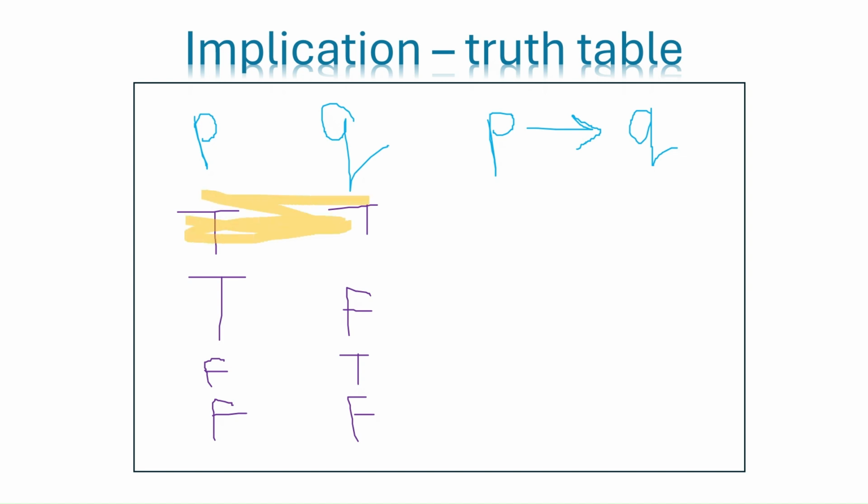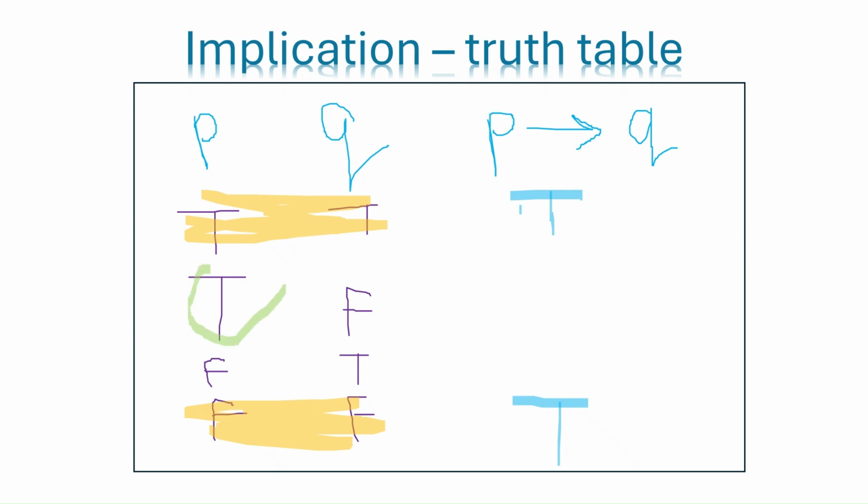So wherever you see two statements are the same, it's going to be true. Okay, so here it's true, and here it's true. And then you will always choose the opposite of P for your final answer.